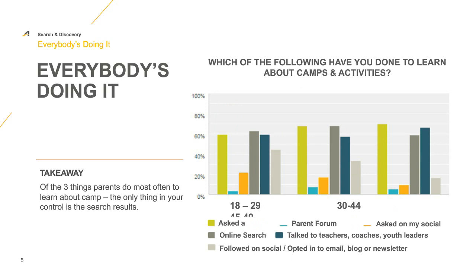Next, what we find is that most parents are going to online search to learn more about camps and programs, activities, classes that are offered for their children. And inevitably, part of that online search is going to be the sales process, or part of their information gathering is going to include the sales process of going through your registration form.